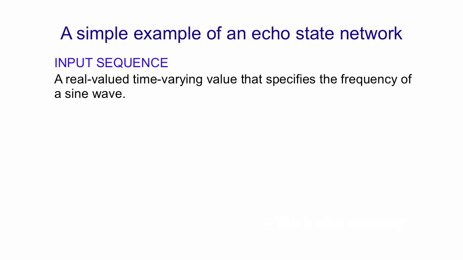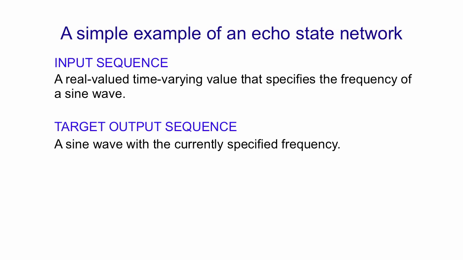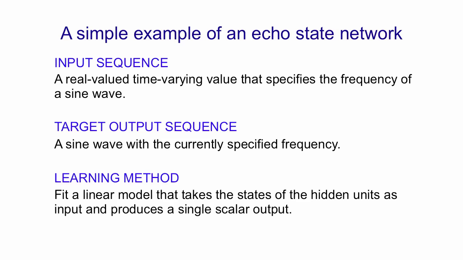So you'd like this thing to generate sine waves, and the input is going to specify the frequency. The target output sequence is going to be a sine wave with the frequency specified by the input. And it's going to be learned simply by fitting a linear model that takes the states of the hidden units and from those tries to predict the correct scalar output value.